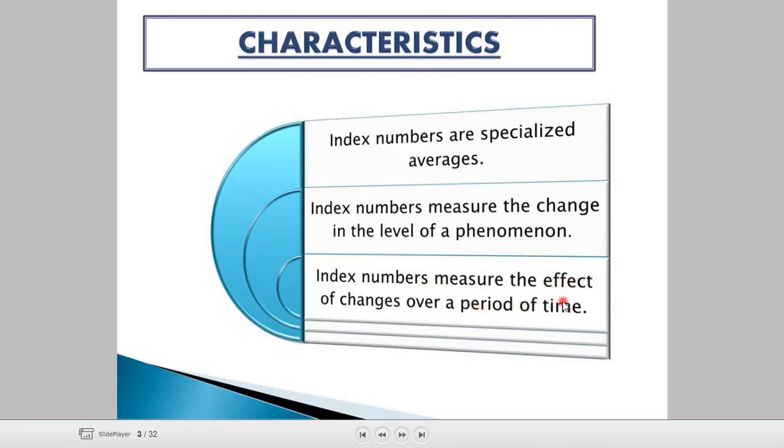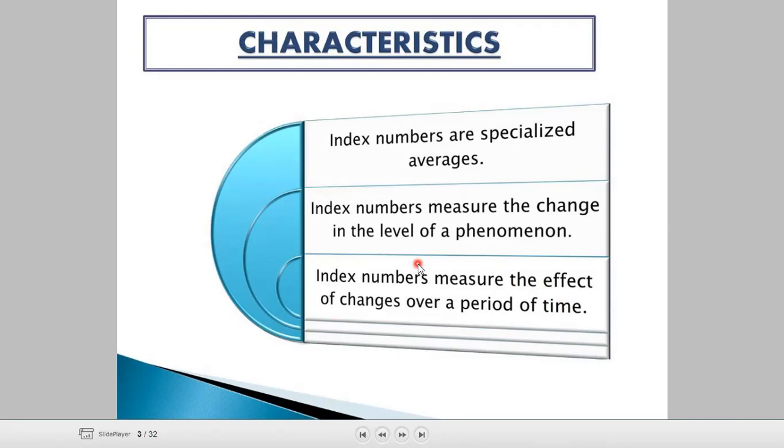We know that from time to time, the values of various items keep on changing. So what is the change in the value of the item with the passage of time or in different periods, that we can calculate with the help of index number and then do comparison to conclude which type of changes are taking place in the value of the items or any value in the market, like dearness allowance.